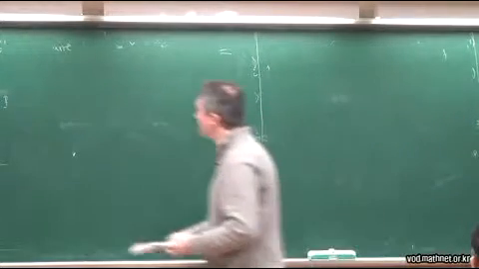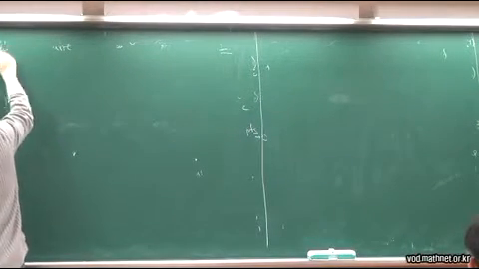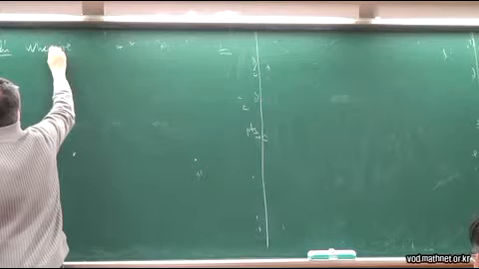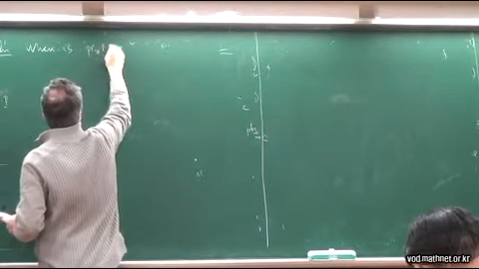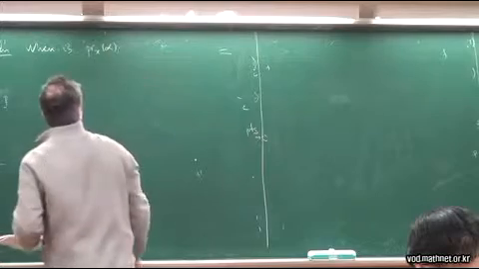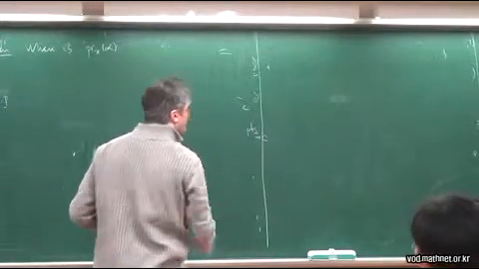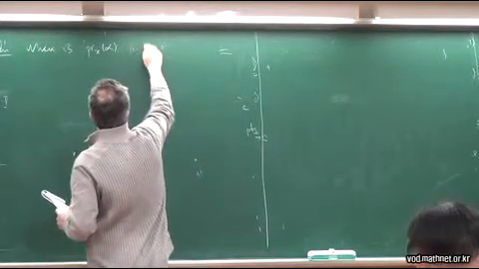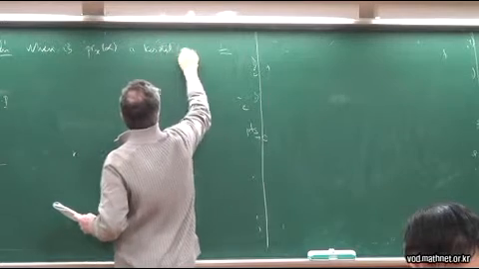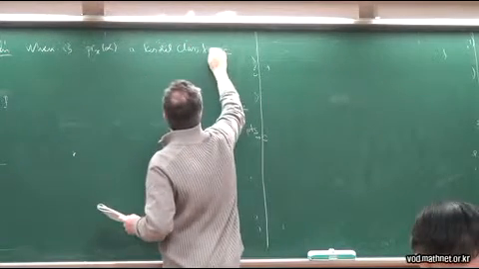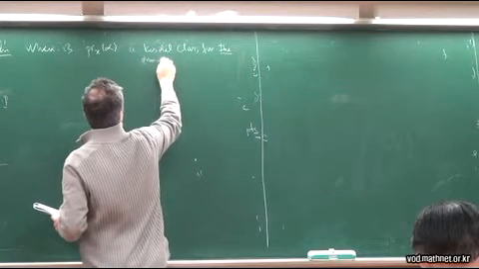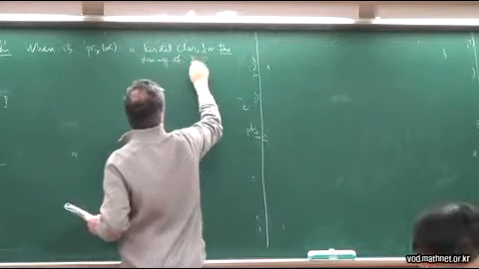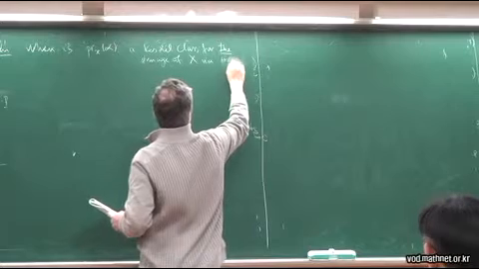So the question is, when is the projection of some Koszul class for the image of X via Rx?